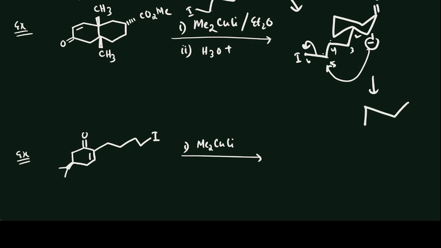If I draw it here, this is going to be the double bond of O, and with this iodine, this 5-member ring will form. 1 2 3 4 5. And here we have the CH3 group.